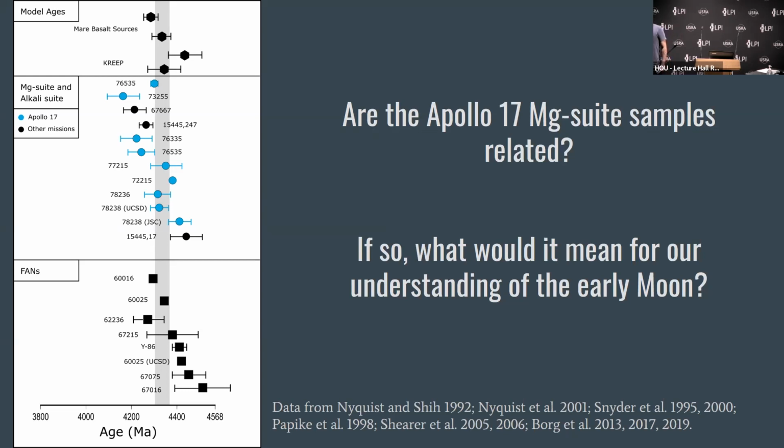One of the things that we know about these rocks is that they're very similar, at least the Apollo 17 ones. I'll show you why in a little bit. But what would happen to this plot here if all of the Apollo 17 magnesium suite samples are related to each other? And if that happens, what would it mean for our understanding of the early moon and its evolution?